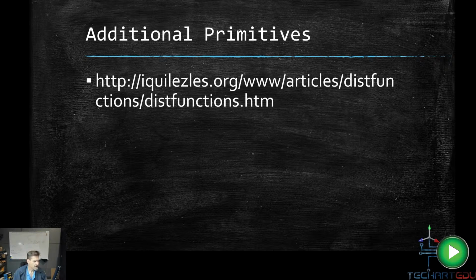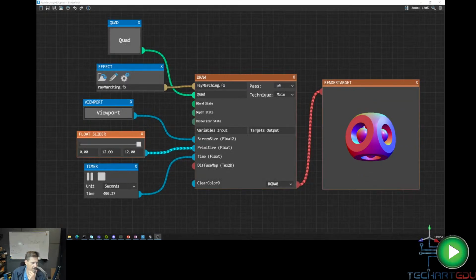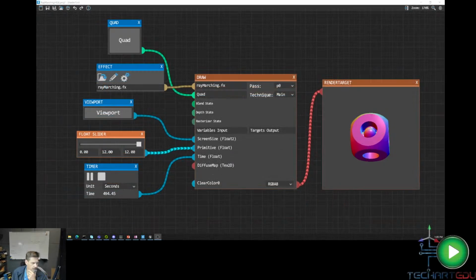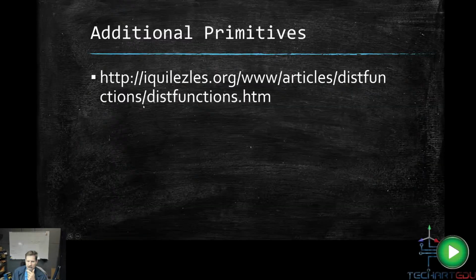Okay, remember, if you want to figure out more about how to model with signed distance functions, my suggestion is to go check out Inigo Quilez's website. And here's a link to his website again. It will show you how to create signed distance functions in order to get all of that working.